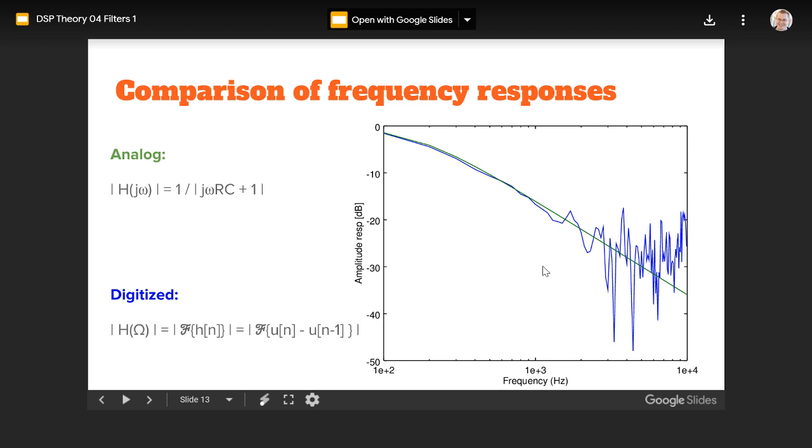So that green line on the amplitude response is the optimal analog system amplitude response, and the other is the digitized one, meaning the Fourier transform of our differentiated step response. And that's the difference. It goes pretty well until, let's say, 1 kilohertz. Those are pretty close to each other, but then we hit the noise floor.